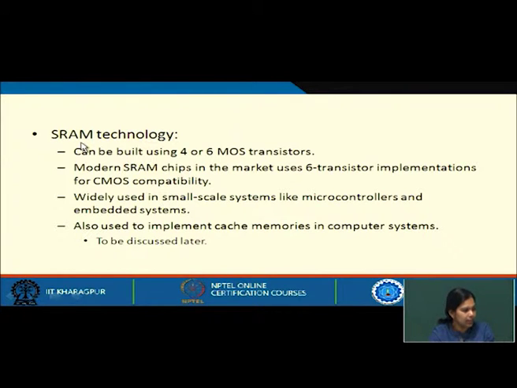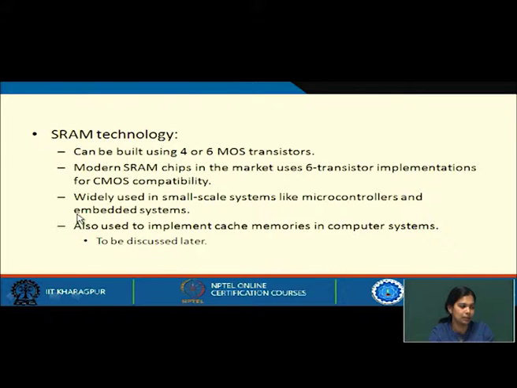SRAM technology can be built using 4 or 6 MOS transistors, but modern SRAM chips in the market use the 6 transistor implementation for CMOS compatibility. This kind of SRAM chip is widely used in small scale systems like microcontrollers and embedded systems.